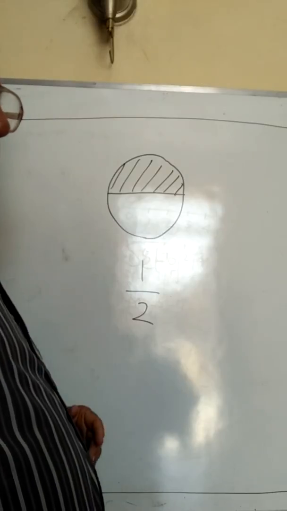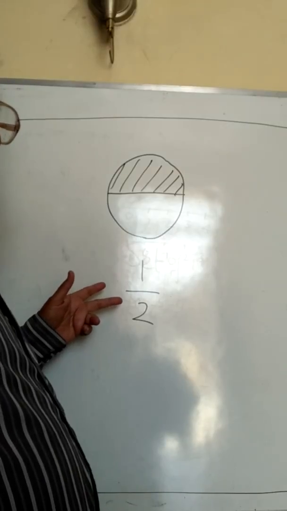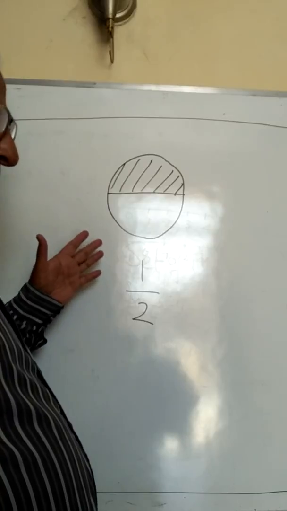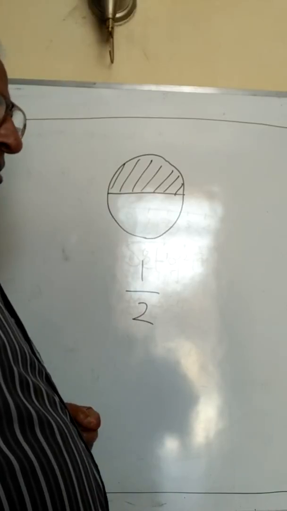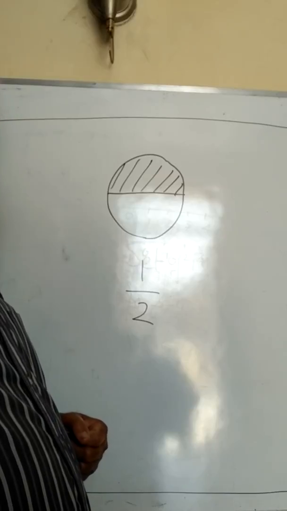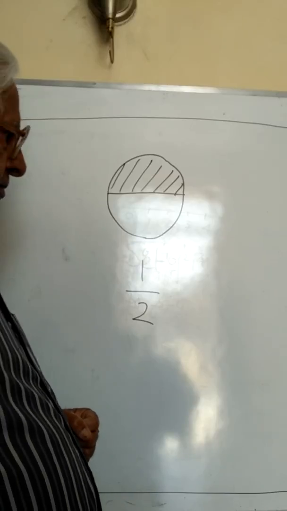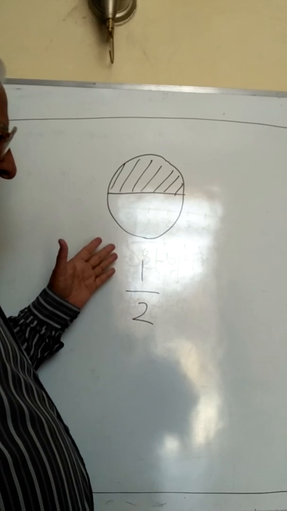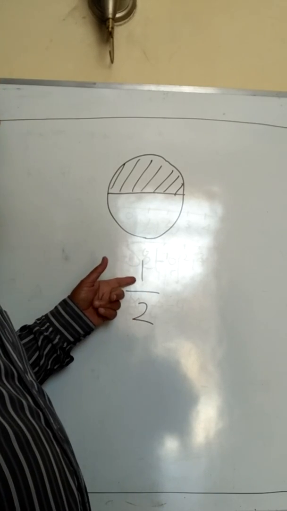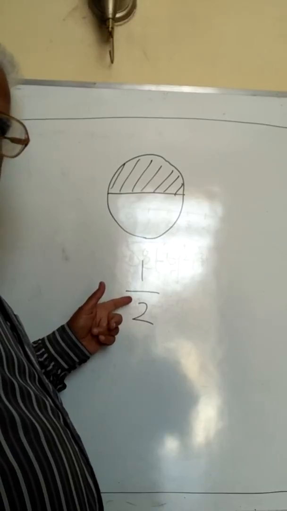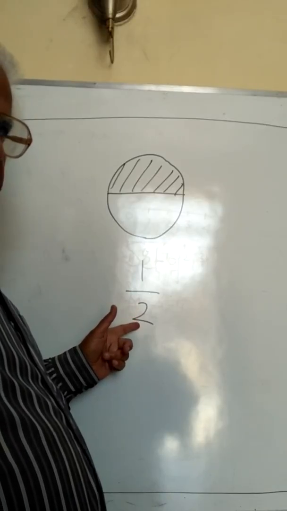So, this 1 by 2 is called a fraction. And the fraction can be of two types, vulgar fraction or decimal fraction. This is vulgar fraction. In this vulgar fraction, there is always a numerator, a bar, and a denominator.